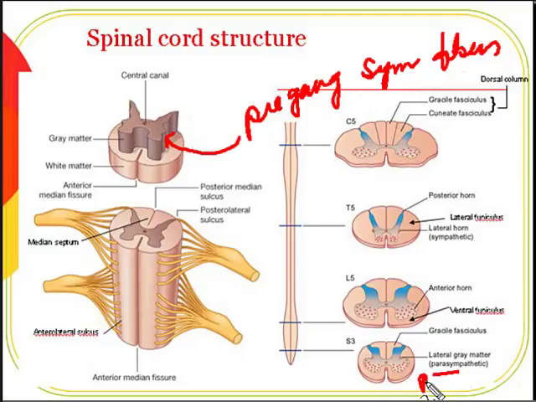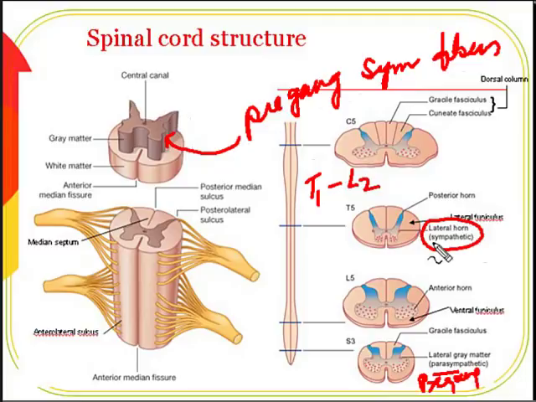So this was preganglionic parasympathetic. So here in this lateral horn, between T1 to L2, they give rise to the sympathetic preganglionic fibers.